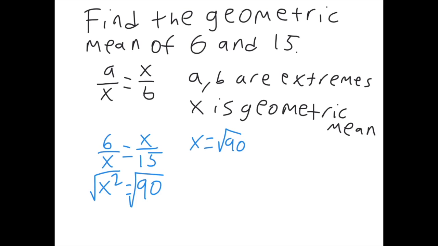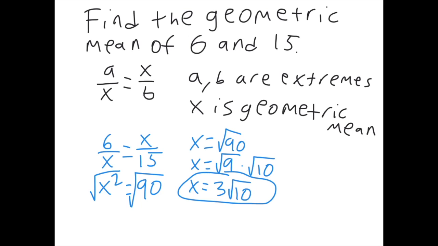Well, it's actually right there, 9. So x equals the square root of 9, and 90 divided by 9 is 10. So x equals square root of 9 is 3, and then square root of 10. So the geometric mean of 6 and 15 is 3 square root of 10.